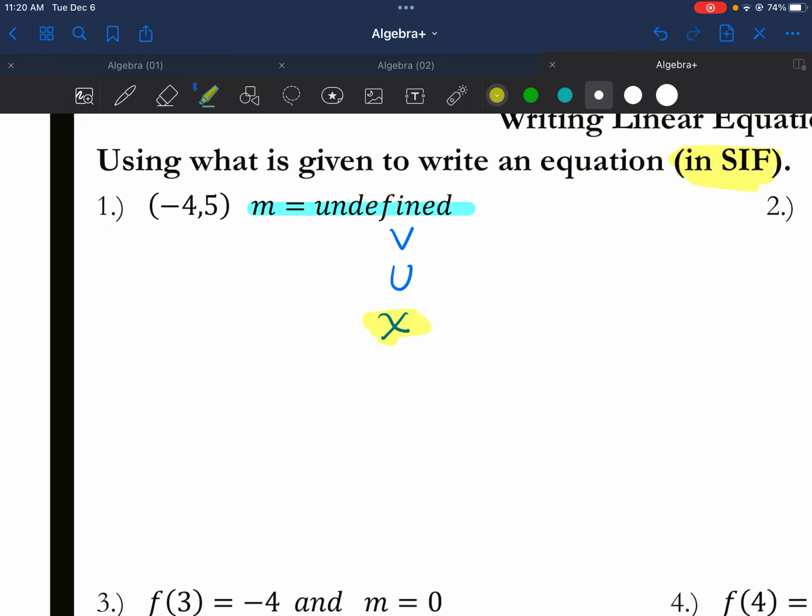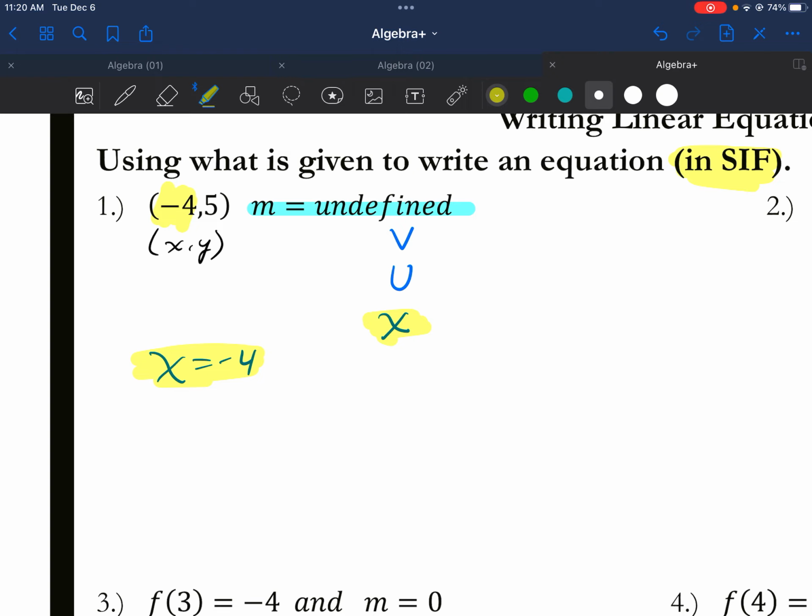So slope-intercept form doesn't matter. It's a special case here. So x equals whatever the x value is, right? Because all coordinate points are x comma y, and my x value is negative 4. So right there, I have my equation. This is going to be x equals negative 4. Because in special cases, every single x value is negative 4, so it can't be anything different.